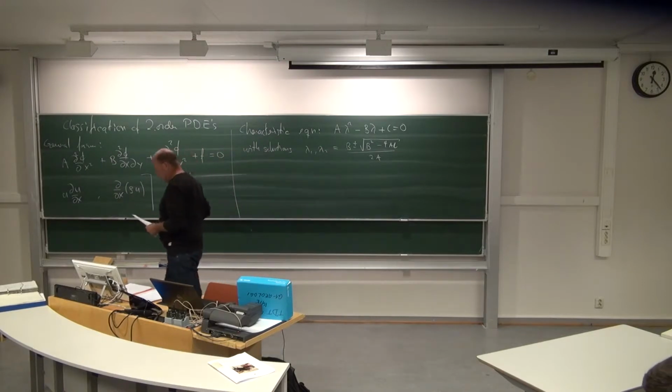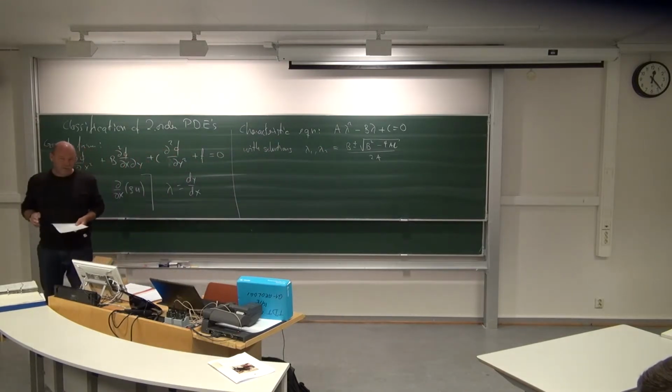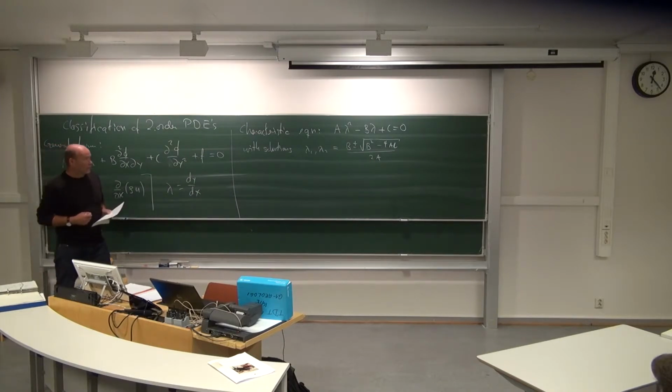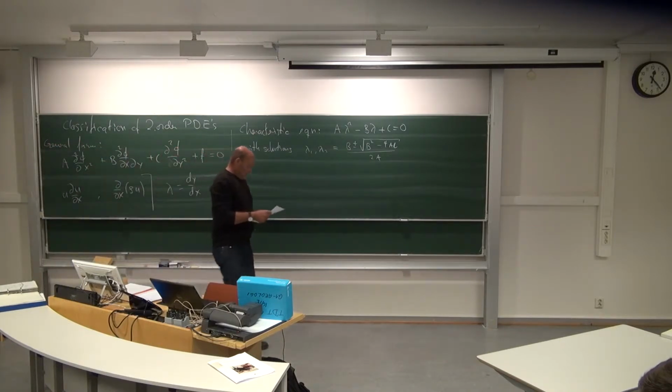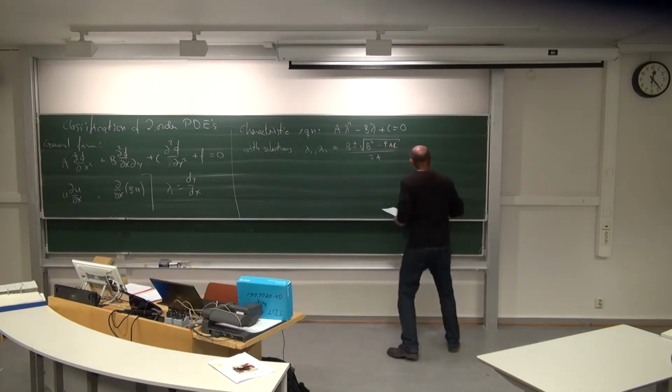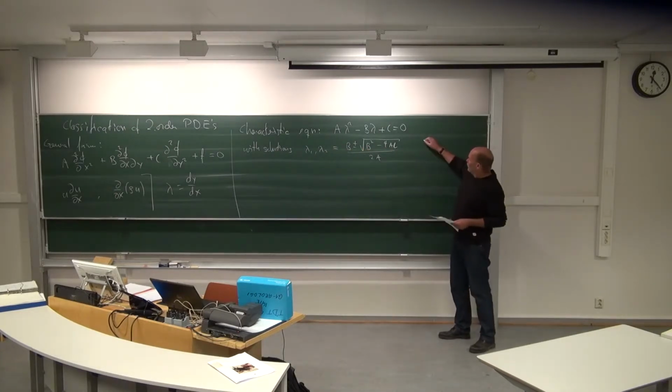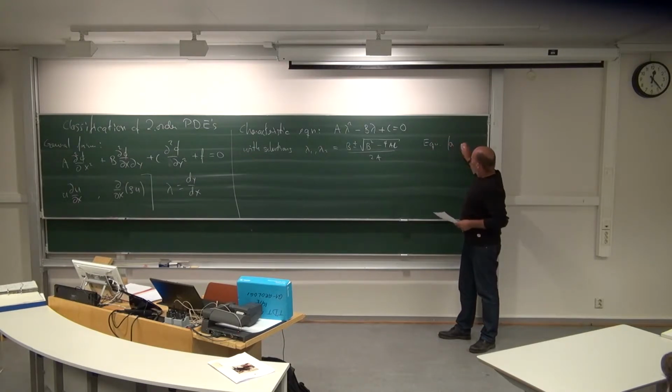And this now will represent an equation for what we call the characteristic lines, characteristic curves. And here we'll now have 3 possibilities.